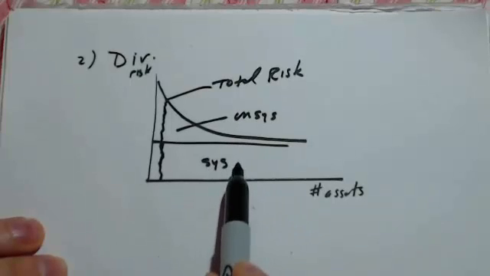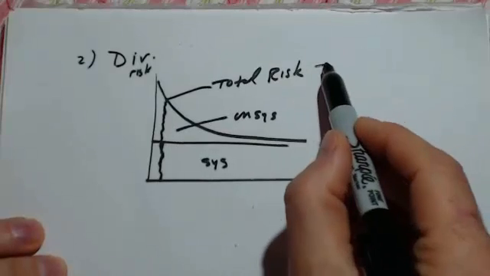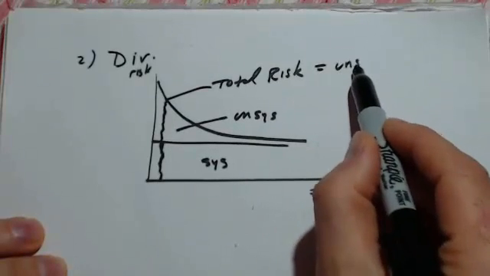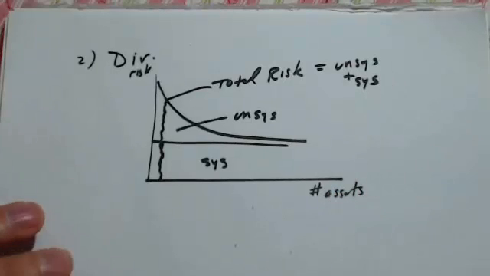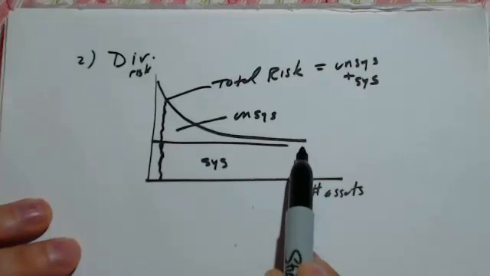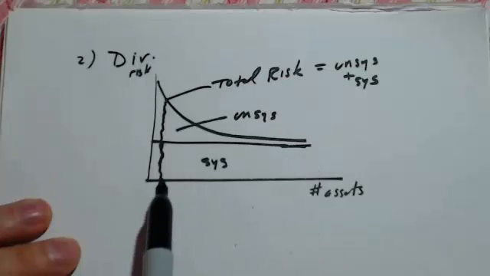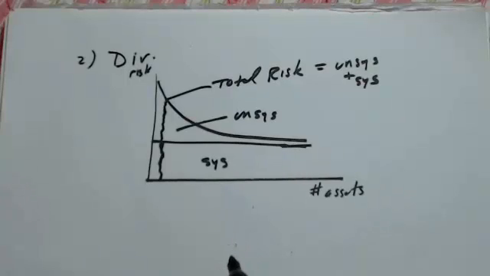This is macroeconomic risk, and this is company specific risk, and unsystematic plus systematic risk equals your total risk. Now notice that the risk doesn't get eliminated here. It comes down asymptotically to a point, and that point is basically the systematic risk that you cannot get rid of, you can't diversify away.